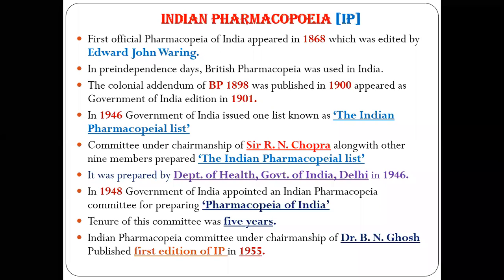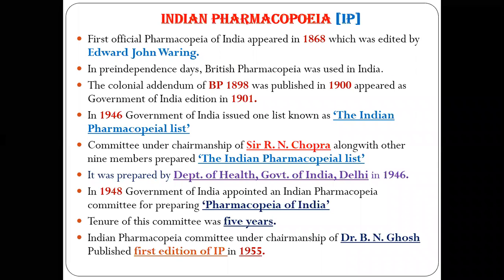Then after that, in 1948, the Government of India appointed an Indian Pharmacopoeia Committee. See, in 1946, they just prepared the list of the drugs, which would be added in future into our book. Just for that preparation, they took 2 years. Then in 1948, another committee was established, and that committee prepared the pharmacopoeia of our India.